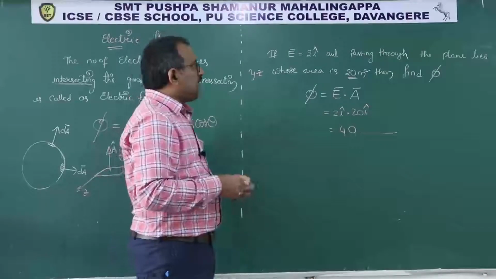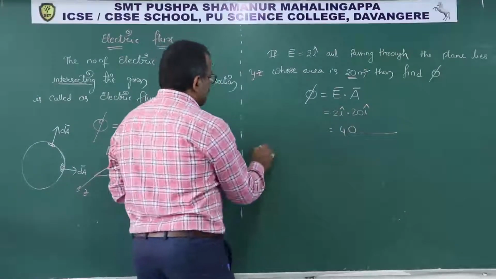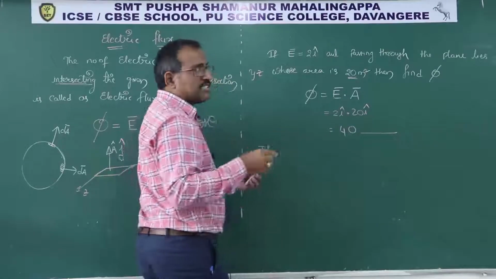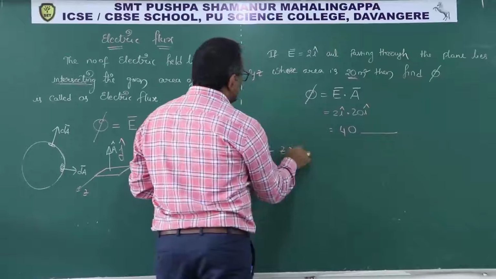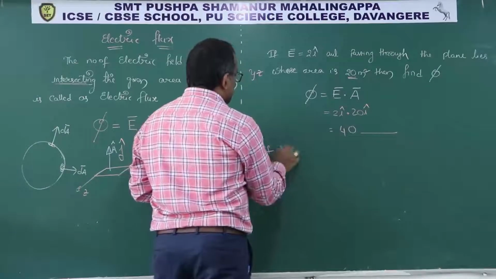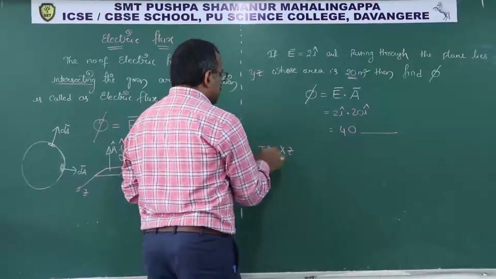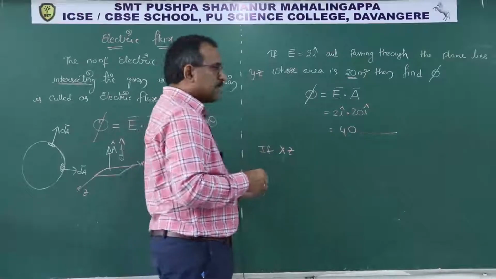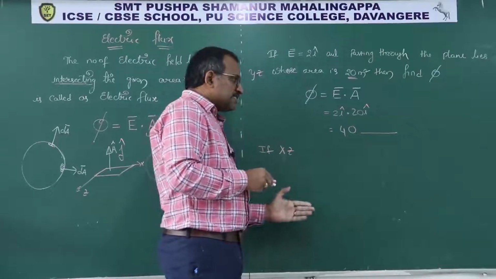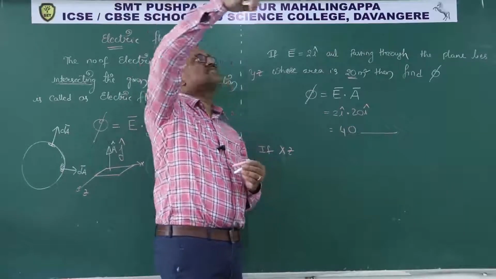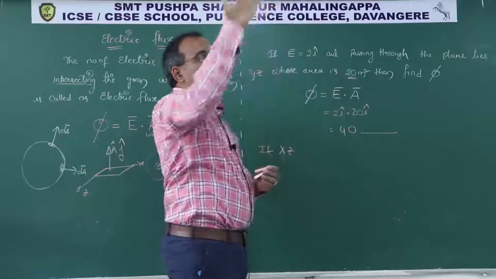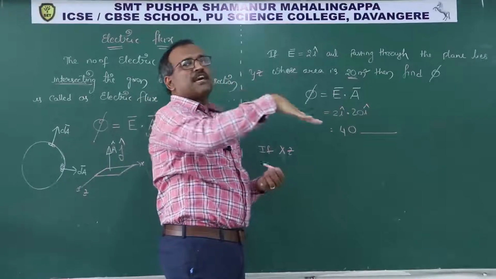If I say instead of YZ the plane is XZ, XZ means the ceiling, and the field lines are passing parallel to it.